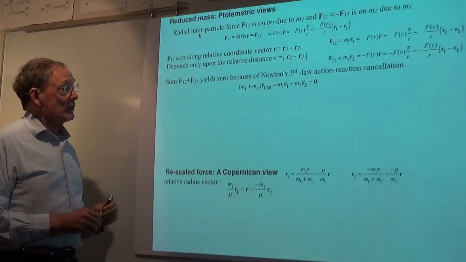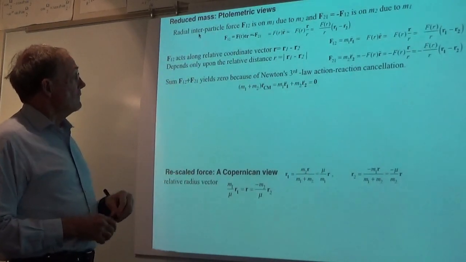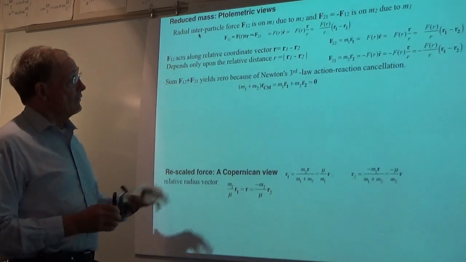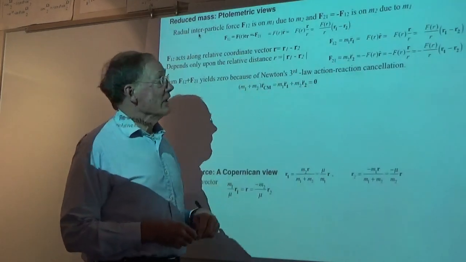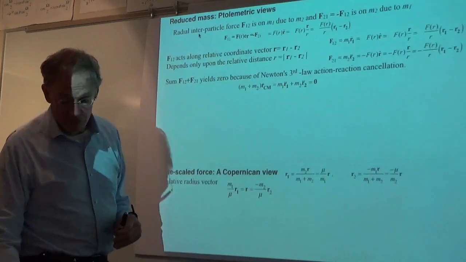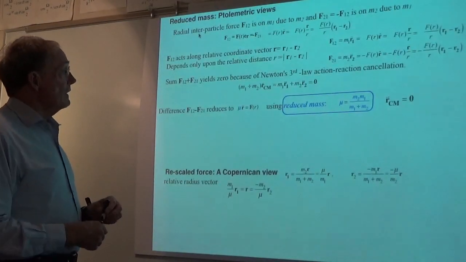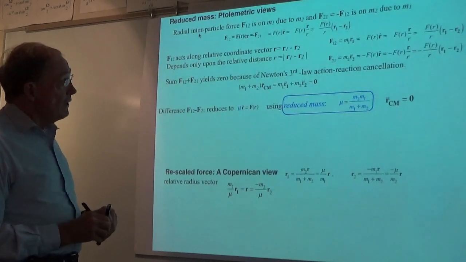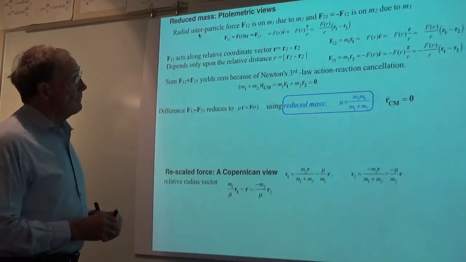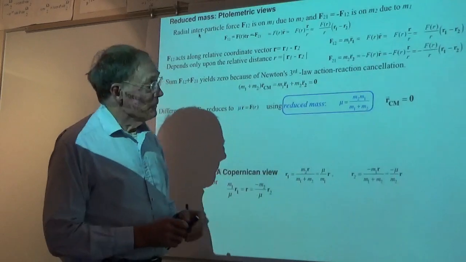The sum of F12 and F21 is supposed to be 0. That's just the third law, action-reaction cancellation, the conservation of momentum really. But that allows us to write a single equation involving the reduced mass, and that comes from our solution of the relative equations.